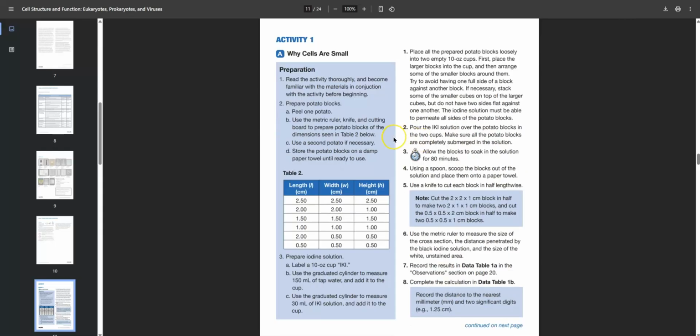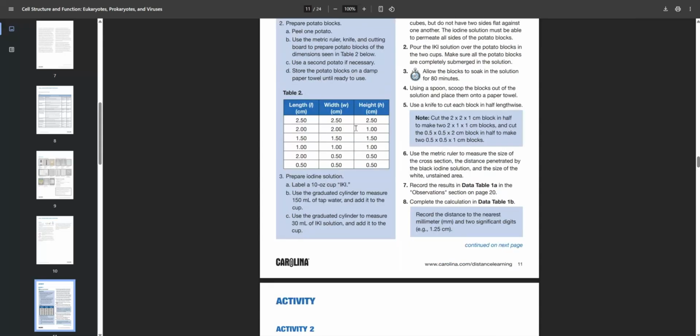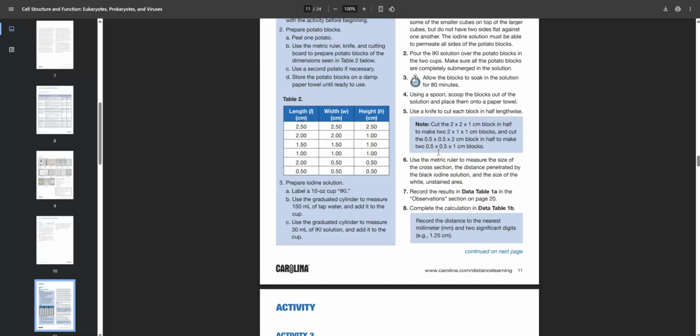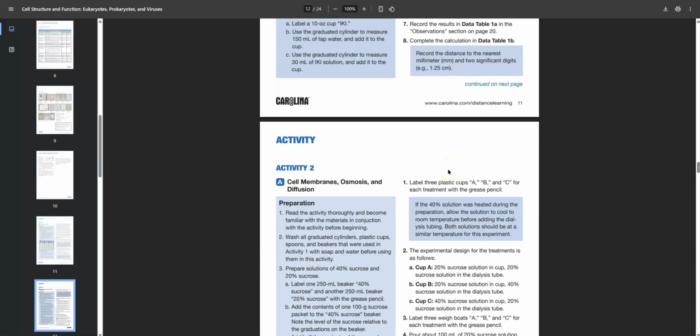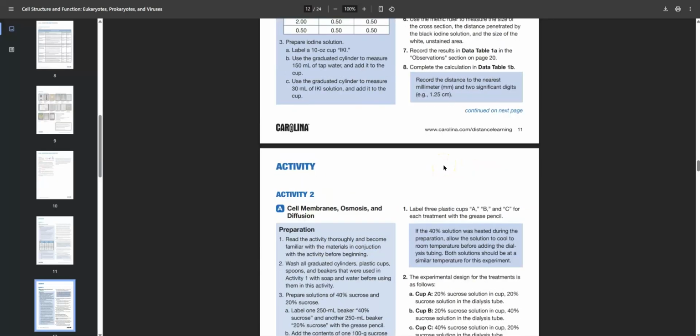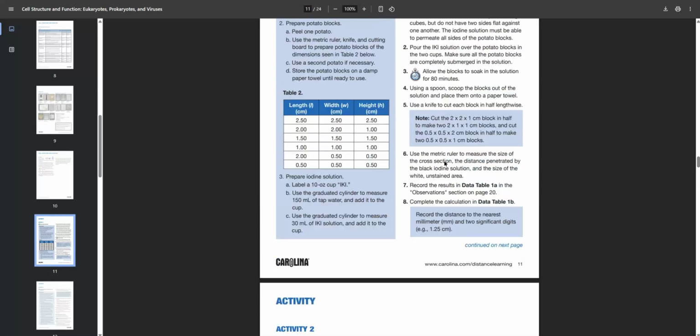So in this first activity, you are going to be using the potato, and you're also going to be looking at the surface area of cells. You're going to have the potatoes soak in a solution, and then you're going to observe what happens after the soaking.